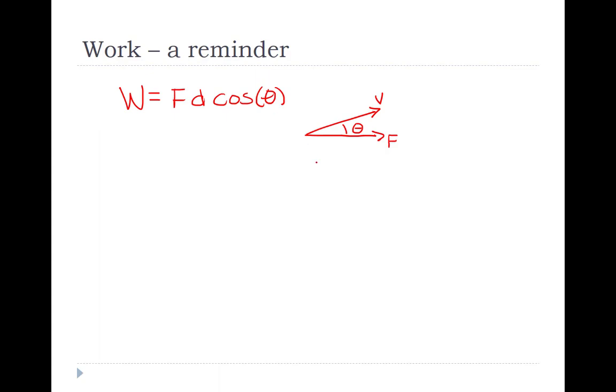Also remember that if cosine of theta equals 1, which means that theta equals 0 degrees, then you're moving with the force. And if cosine of theta equals 0, then theta is 90 degrees and you are moving perpendicular to the force.